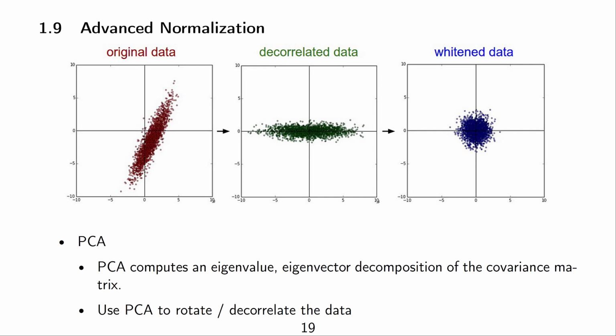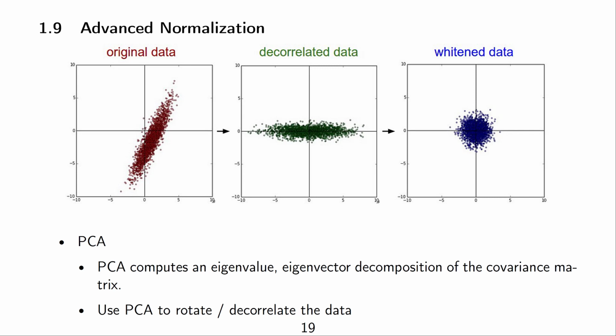Also, we briefly want to mention advanced normalization. Advanced normalization is, for example, using PCA. Now we're not going to go into details of this. There's a set of loosely related techniques like PCA, eigenvalue, eigenvector decomposition. So let's just say we have the covariance matrix as described before.